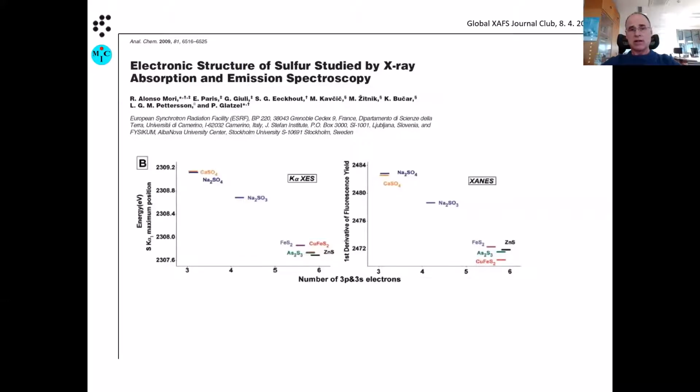It's this very nice correlation of a very simple energy shift of the K-alpha emission spectrum, and compared to absorption, this correlation can be much better, especially within the sulfide series, where you have a direct bonding of sulfur to the metallic cation. This might be very useful when you look for the oxidation states, which in many cases is what people primarily want to determine.